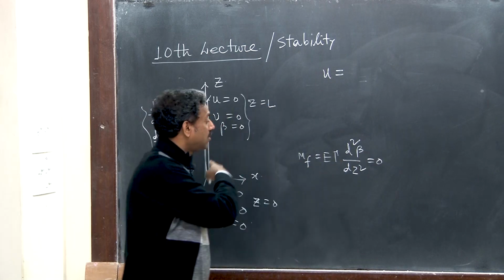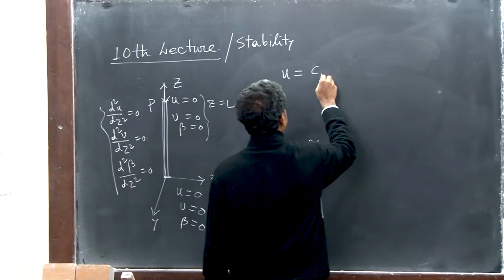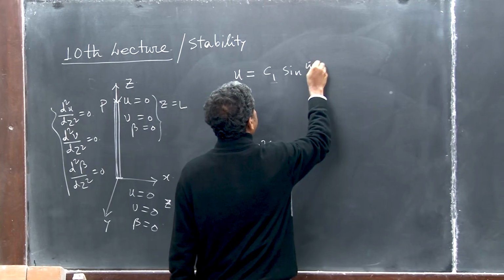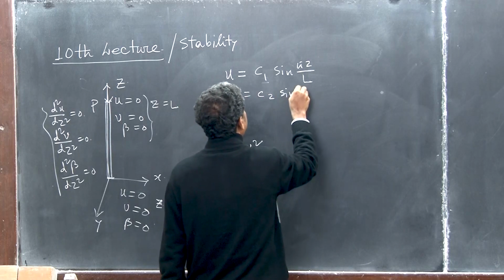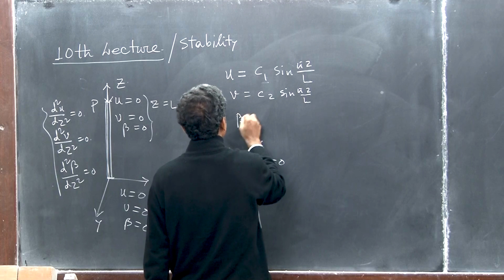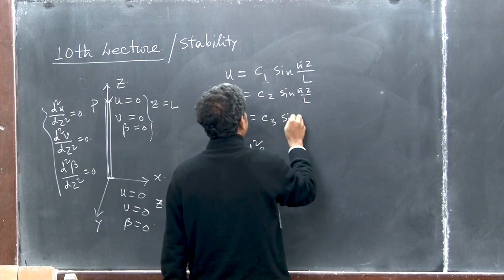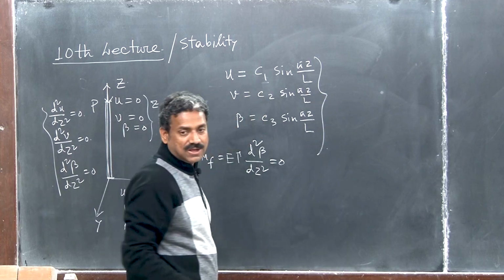That was the reason. So we have assumed u equal to C1 sin pi z upon L, v equal to C2 sin pi z upon L, and beta equal to C3 sin pi z upon L.